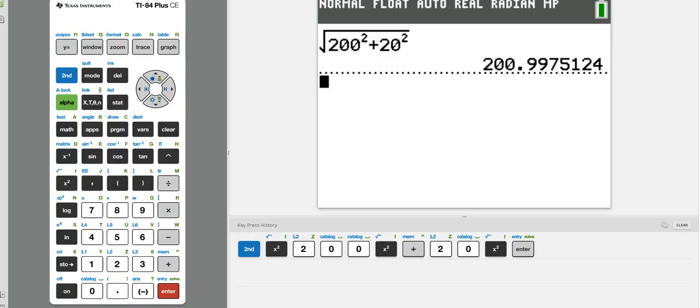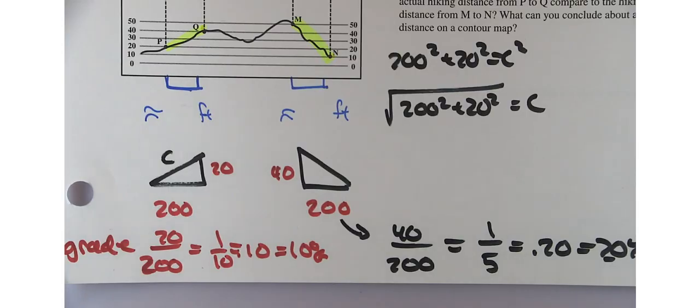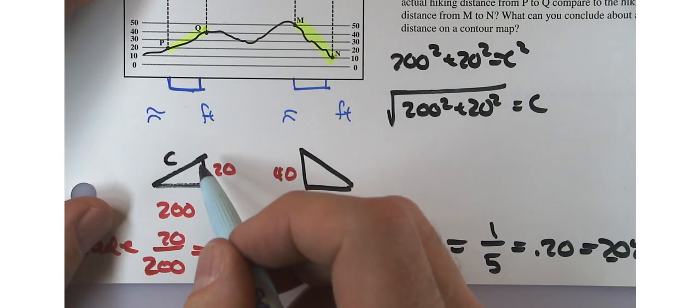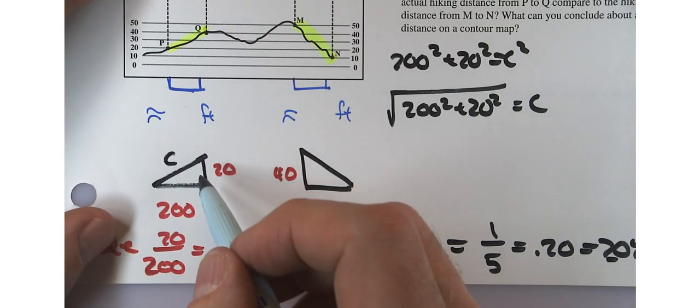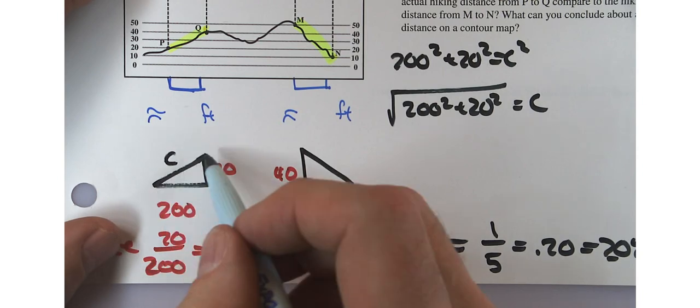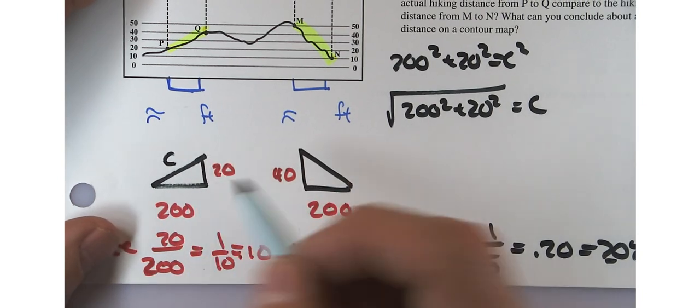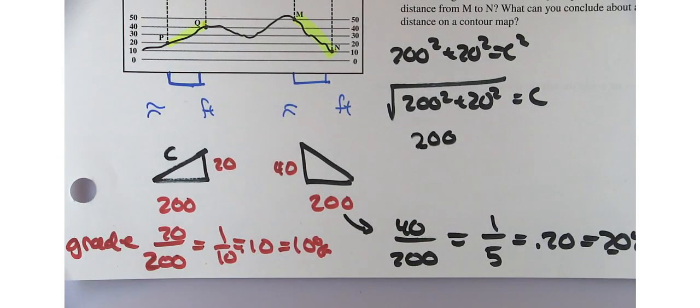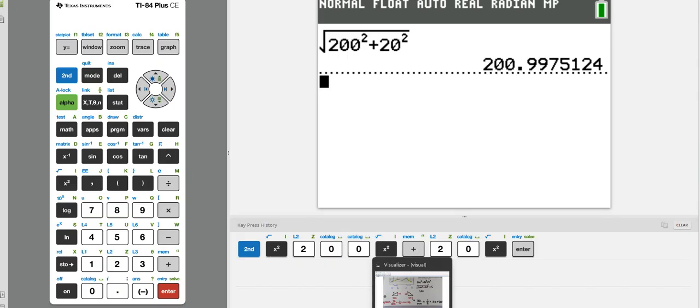Not really. He hiked 200 feet this way. He only had to go an extra foot compared to that horizontal distance. So 200 is 0.9 something, 9975.